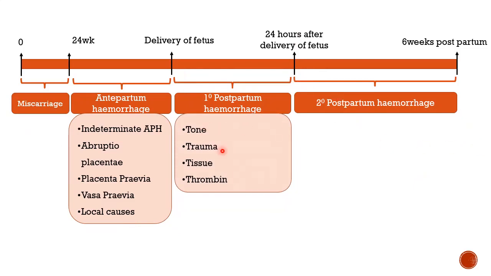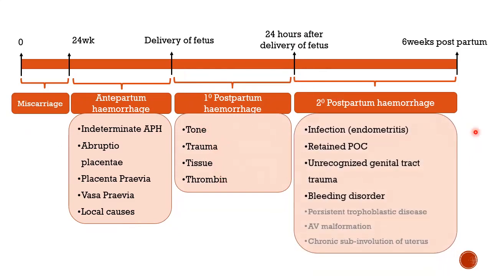For primary PPH, the famous 4 Ts: tone, trauma, tissue, thrombin. For secondary PPH, the causes are slightly different: infection, which we call endometritis, not endometriosis, or retained POC, or unrecognized genital tract trauma, or underlying bleeding disorders. Less common causes are persistent trophoblastic disease, AV malformation, or chronic subinvolution of the uterus.